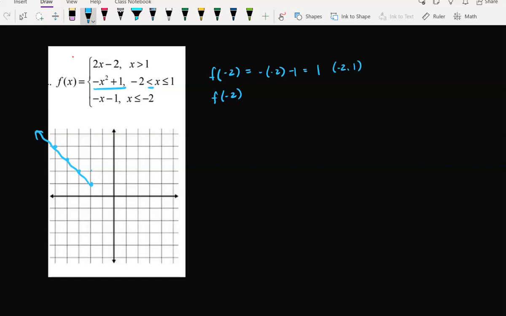If it doesn't, then you're going to have a different starting point. So I'm going to check -2 squared plus 1, which is 4, -4 plus 1, which is -3. What you notice is it's a different starting point.